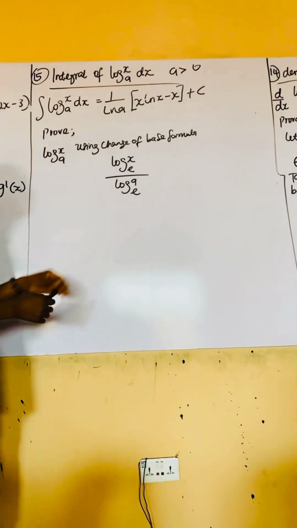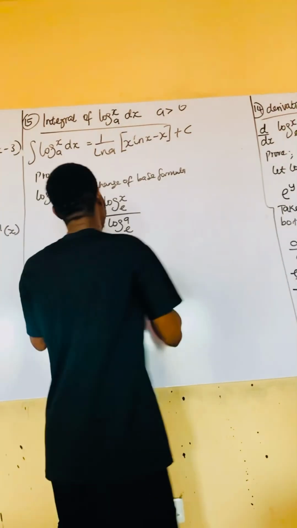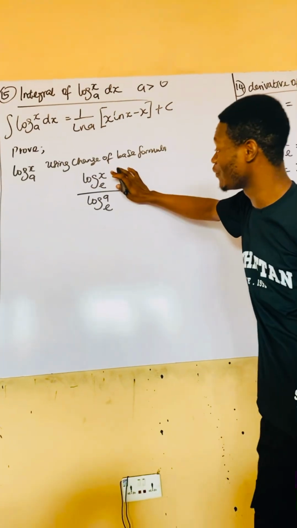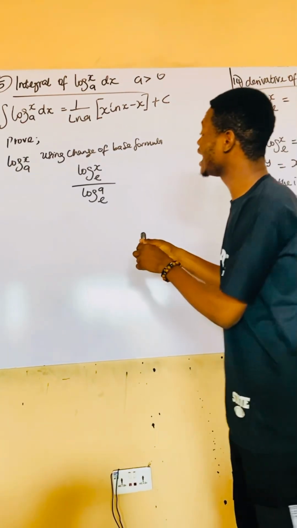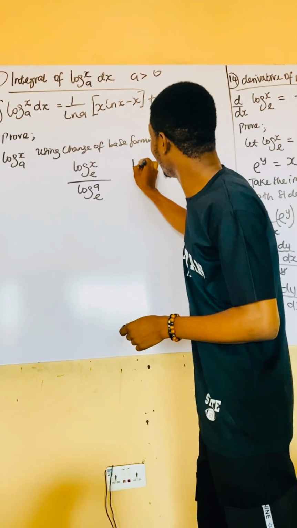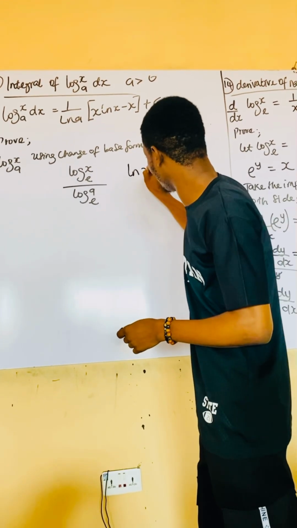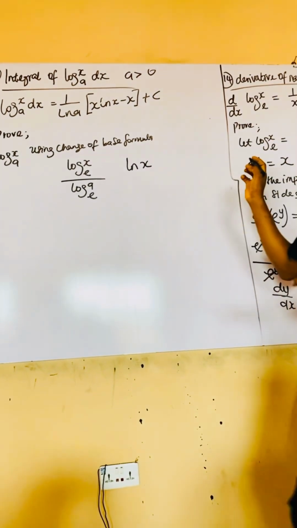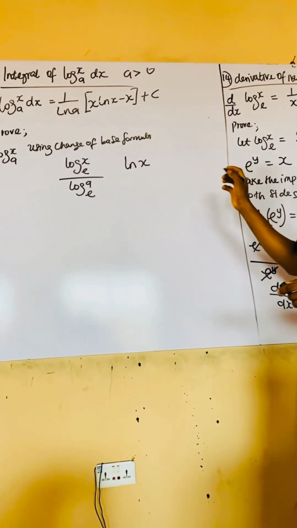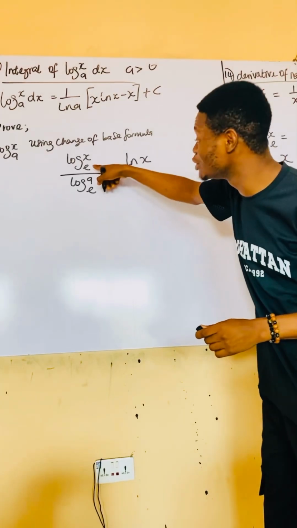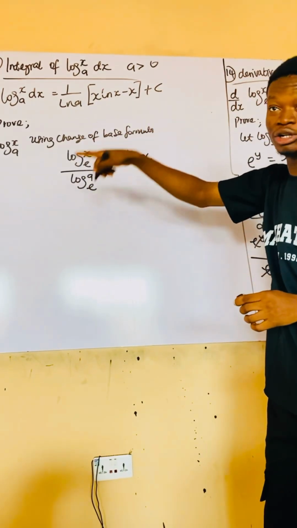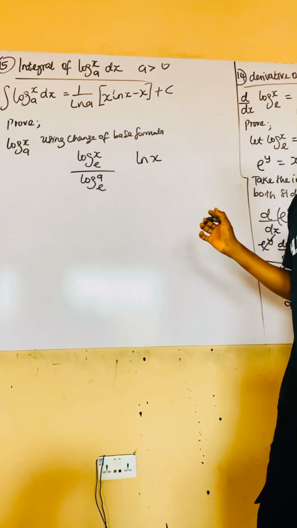Good. Now, I told you that anytime you see a logarithm of a number to the base e, it is the same as saying ln of that number. Do you still remember it? Anytime you see any logarithm to the base e, it means ln of that number.